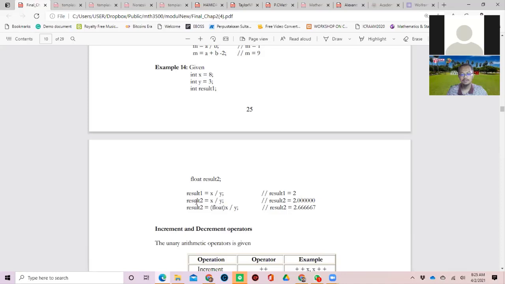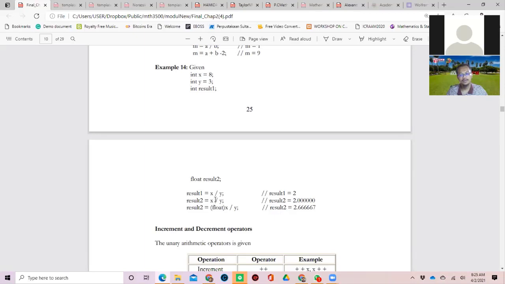Now the second statement: result 2 is equal to x divided by y. It is the same, but what is different is the declaration. Result 2 is declared as a float, while x and y are integers.